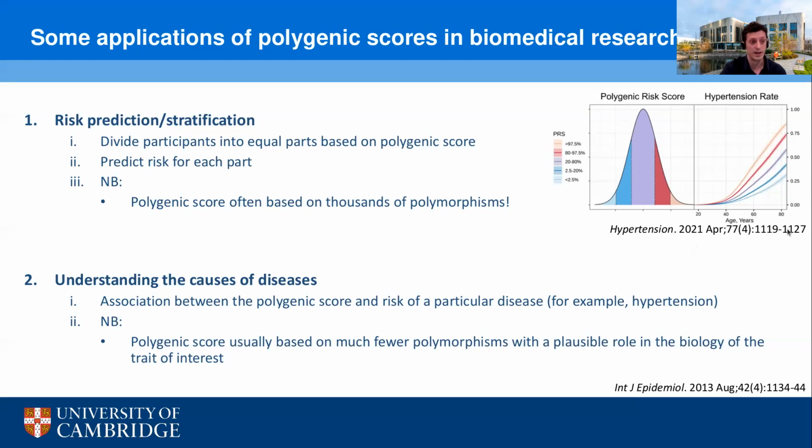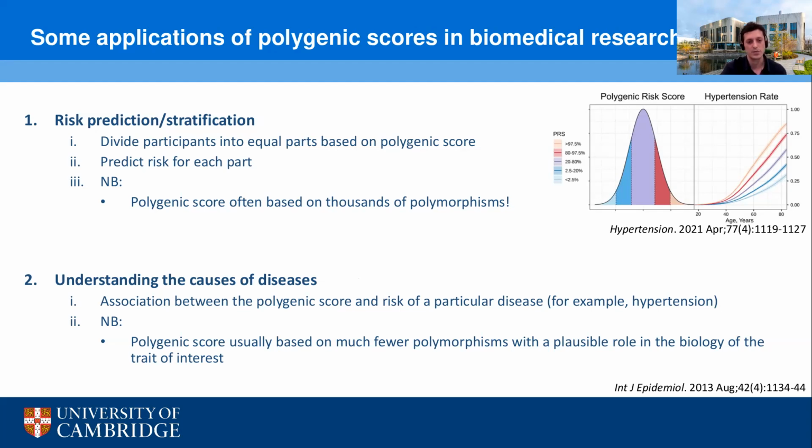And obviously, if we can classify people this way, we can better tailor interventions, be they behavioral or pharmaceutical, to their needs. Also, we can use polygenic scores to understand the causes of diseases.